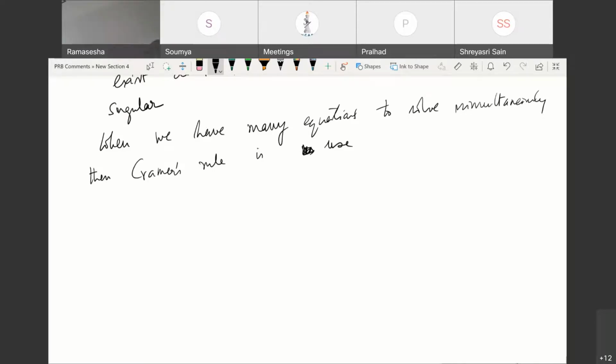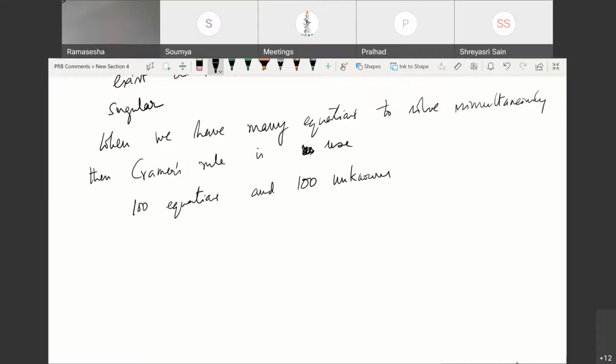For example, let us assume that you have 100 equations and 100 unknowns. This is a very small problem. In Green's functions in quantum chemistry or physics, you'll have to solve millions of equations. Okay, so this is actually a small problem.